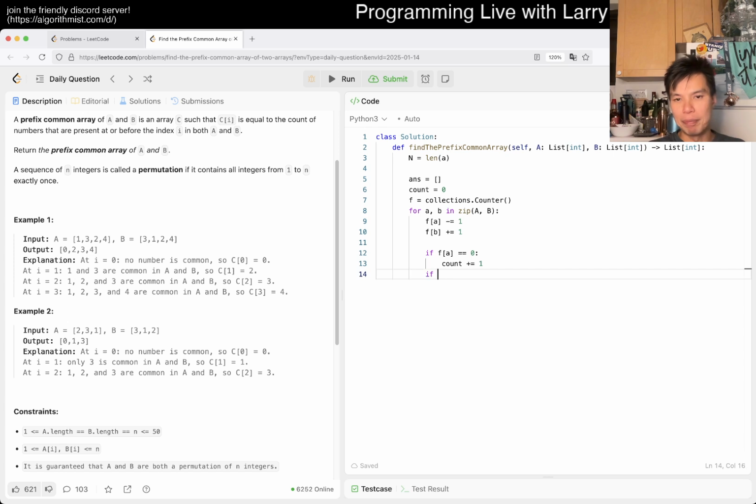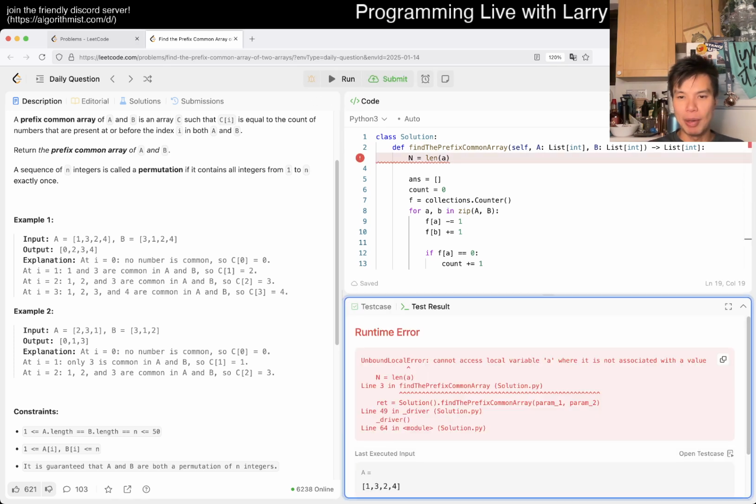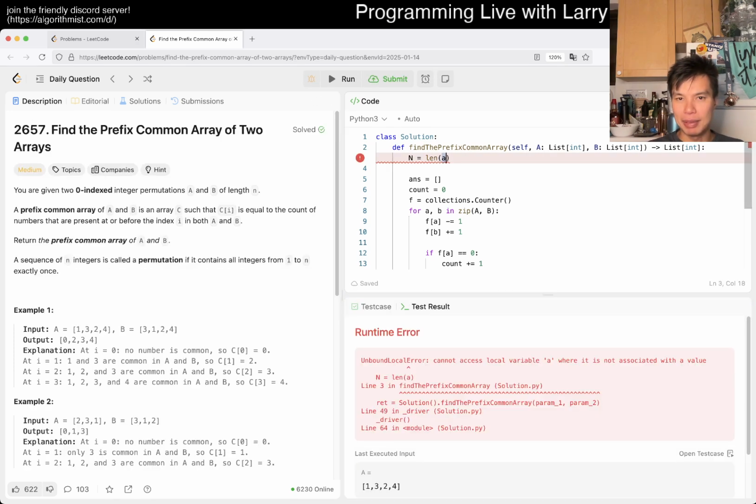If f of B is equal to 0, or because only these two things can change, but of course if A is equal to B, then we double count it, so we subtract by 1 or something like that. There are a lot of random things you can do. But the key part is knowing that A and B are unique. I mean, it's a permutation, but oops, big A.